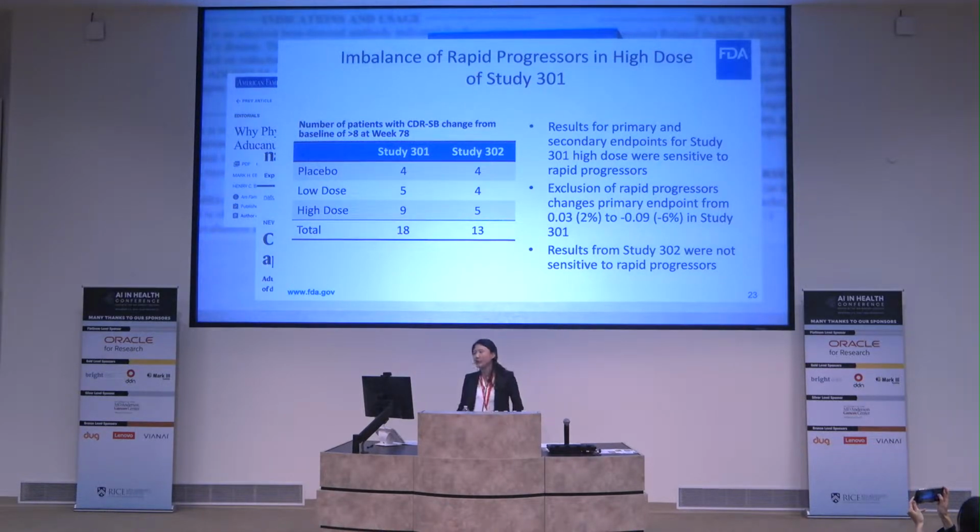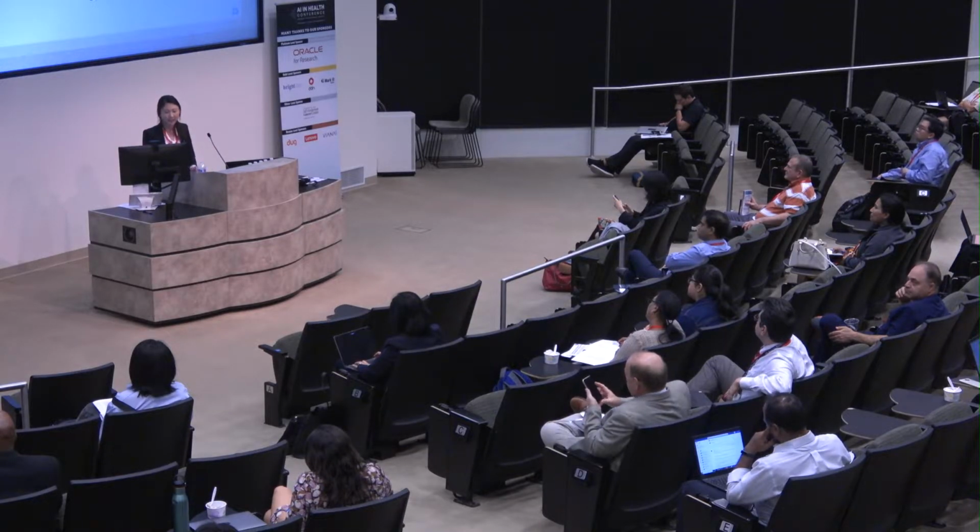The rapid progressor is one subtype of Alzheimer's disease. The underlying biological mechanism is not very well known, but people think that these patients progress very fast compared to the others, so it's really difficult to treat. Biogen thought that by chance there were more rapid progressors in the treatment group, which is why their effect size was not very good.